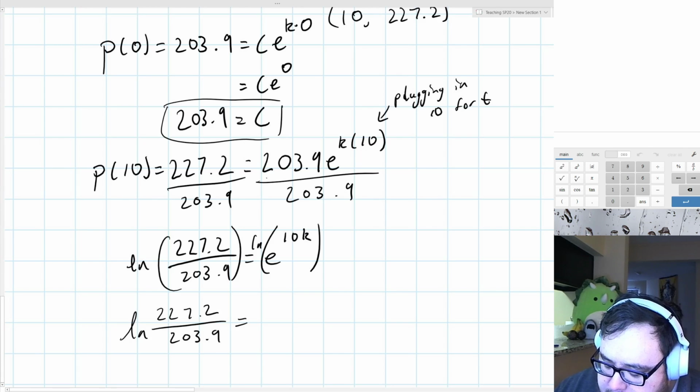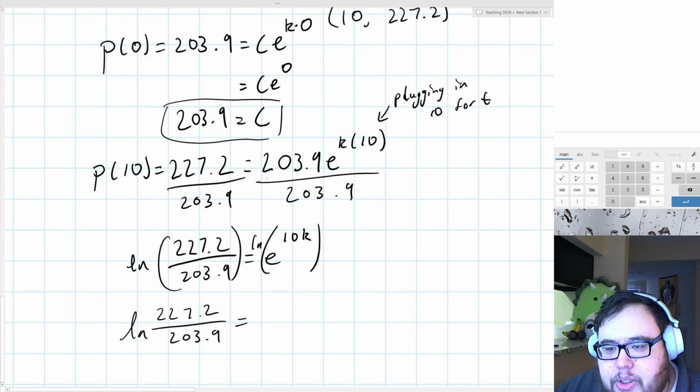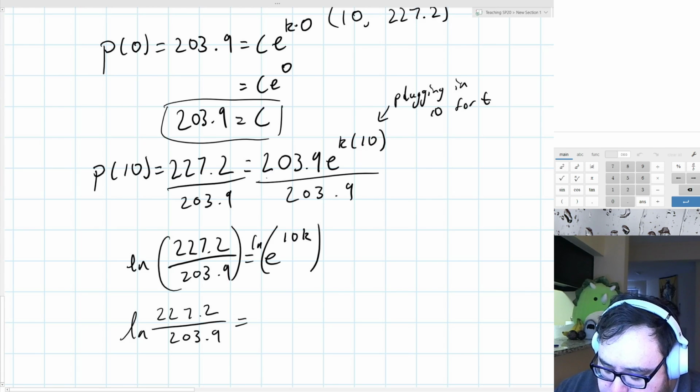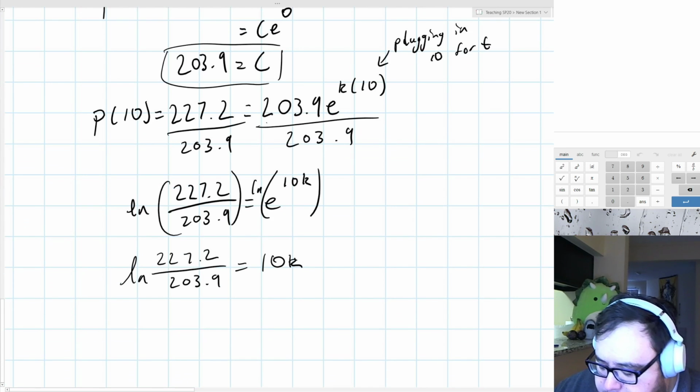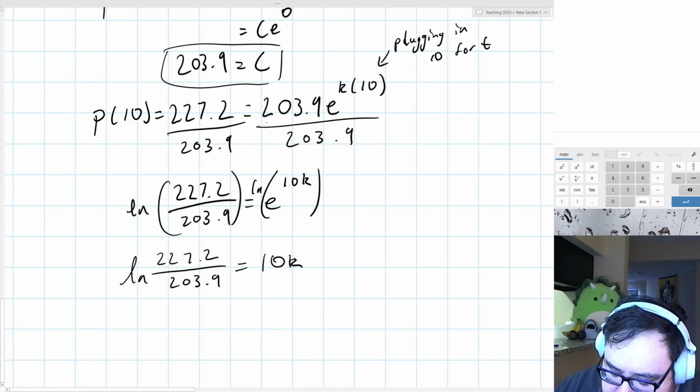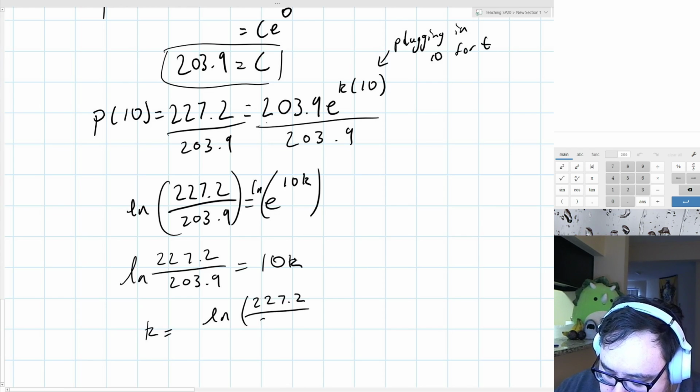And on the right side, the ln and the e basically cancel, right? So we just end up with 10k. And now all we need to do to find k is divide both sides by 10. k is equal to the natural log of 227.2 over 203.9, all divided by 10.